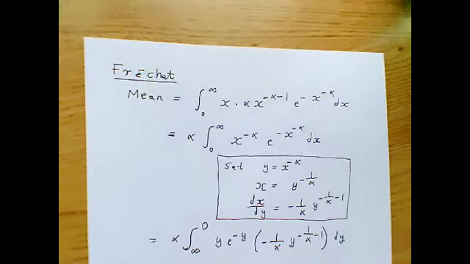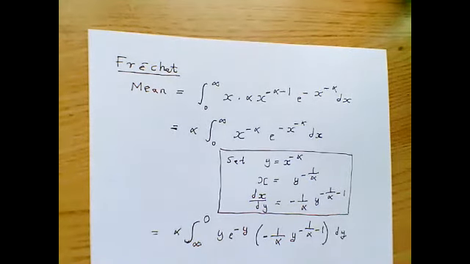Now I'm going to use the minus sign here to change the limits around, and the alpha here will cancel with the alpha here.